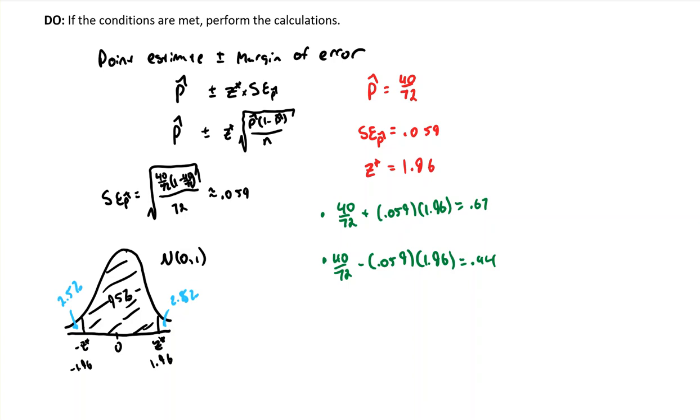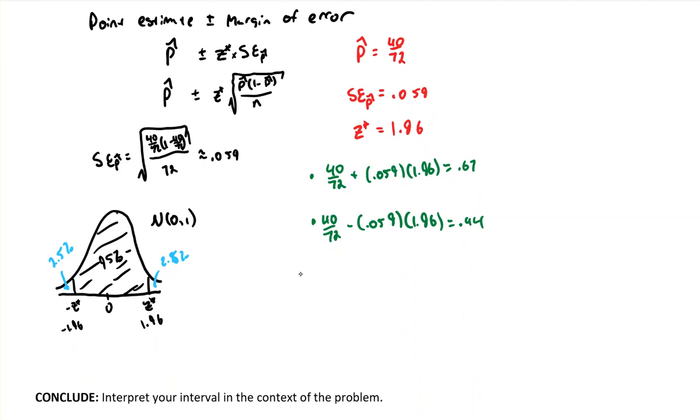If I have 40 over 72 and I subtract off the margin of error, I get 0.44. So what this tells me is my 95% confidence interval is from 0.44 to 0.67.